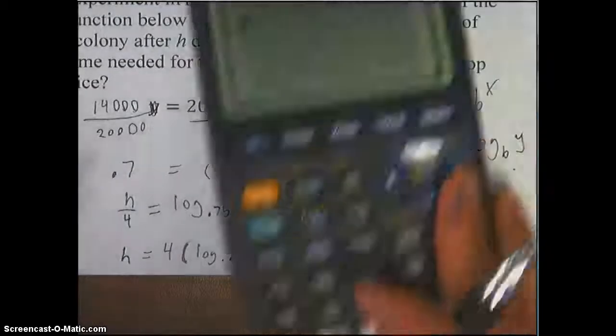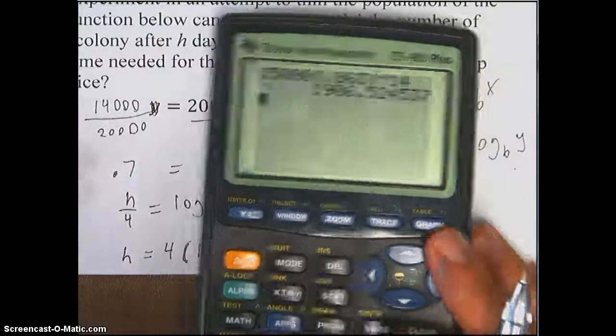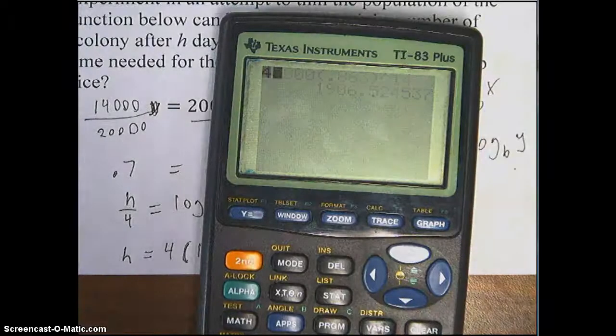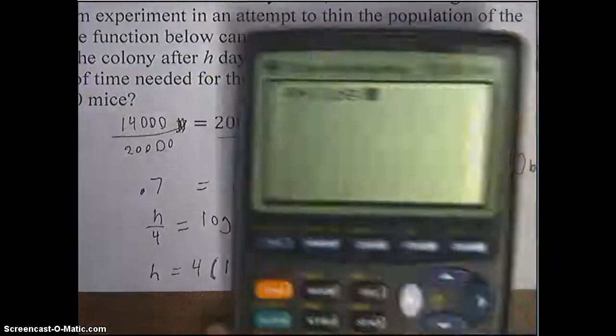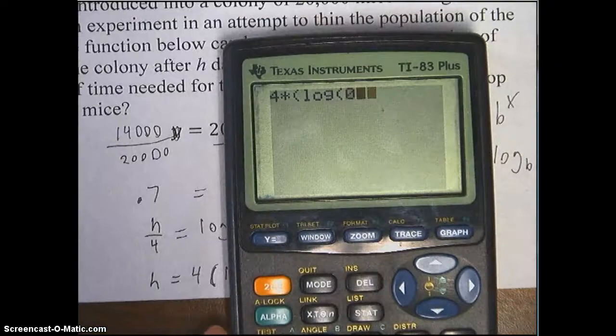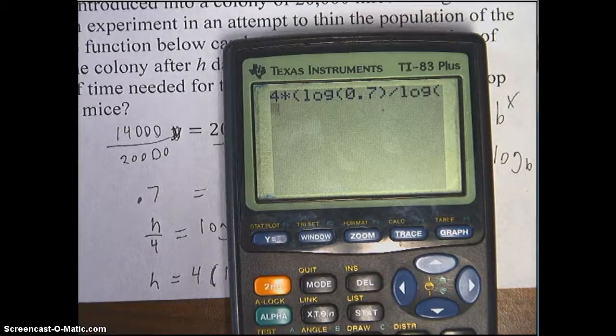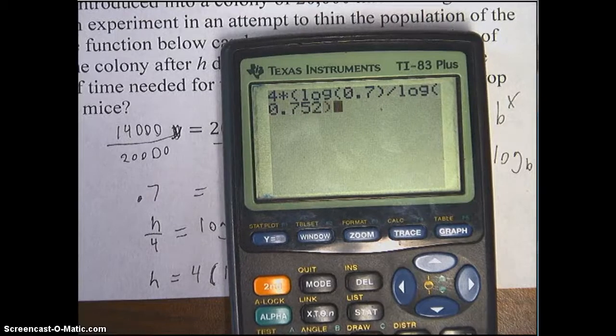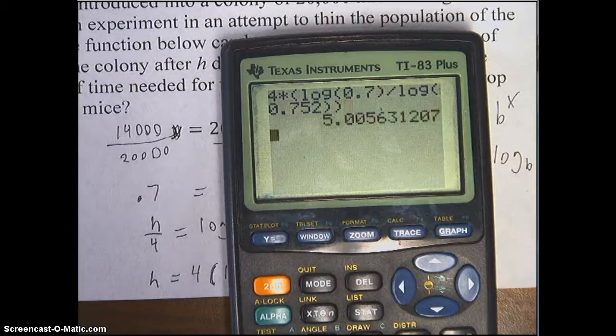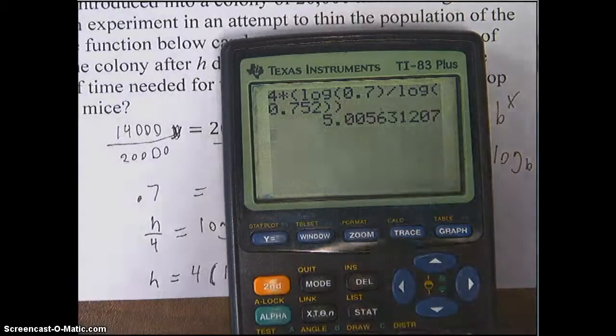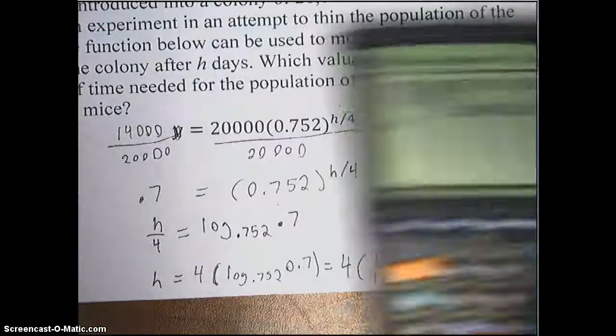Let me show you how to do that. 4 times log of 0.7 divided by log of 0.752. I'm going to hit enter. That's just about 5 days.